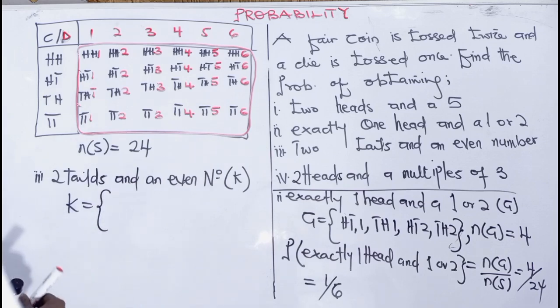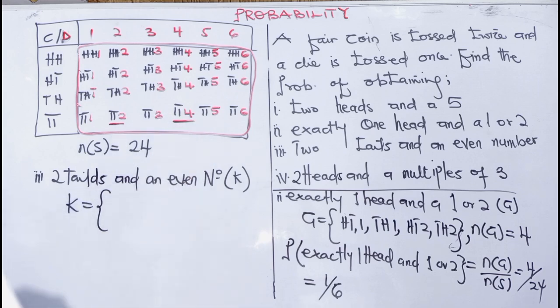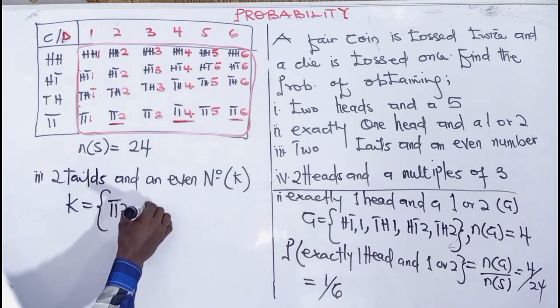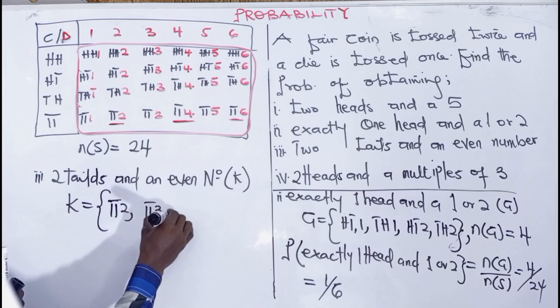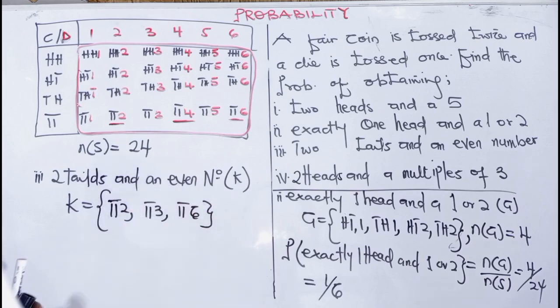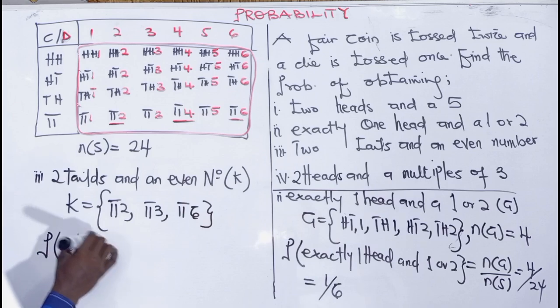So we can see two tails and the number 2, two tails and the number 4, and two tails and the number 6. So we have TT2, TT4, and then TT6.